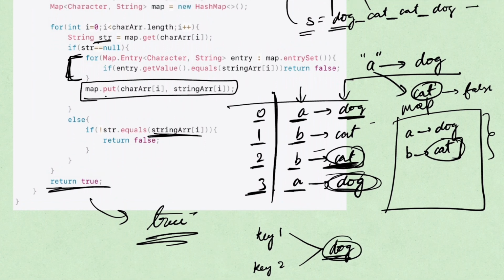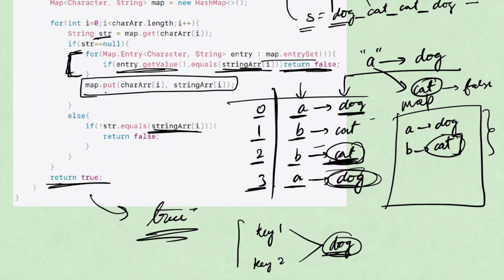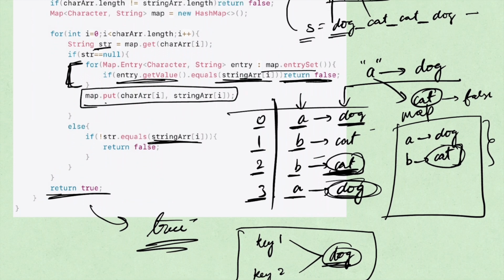That's what we are trying to do with all the entries in our map. We are trying to see whether the string that we are getting right now is already present against any other key or not, right? If that is the case, we'll return false. With this, the second constraint will also be taken care of, and we'll be able to solve this problem.